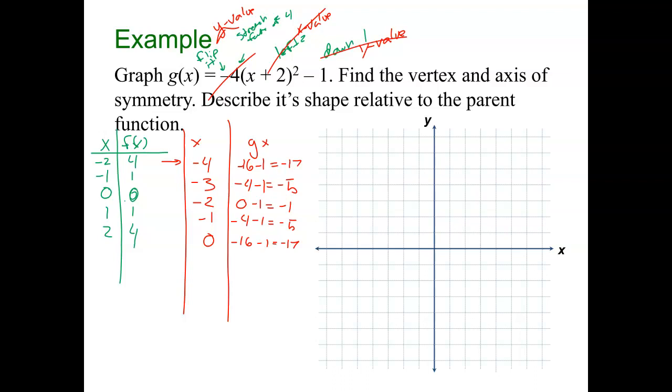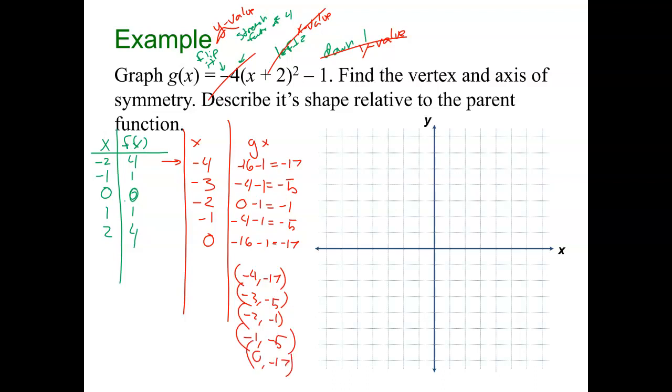So my new ordered pairs are (-4, -17), (-3, -5), (-2, -1), (-1, -5), and (0, -17).